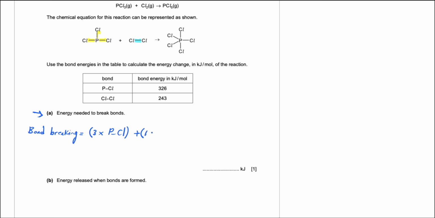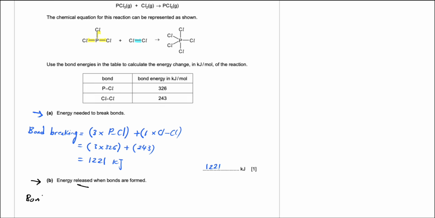So 3 times 326 plus 1 times 243, and this adds up to 1221 kilojoules. So the answer here is 1221.